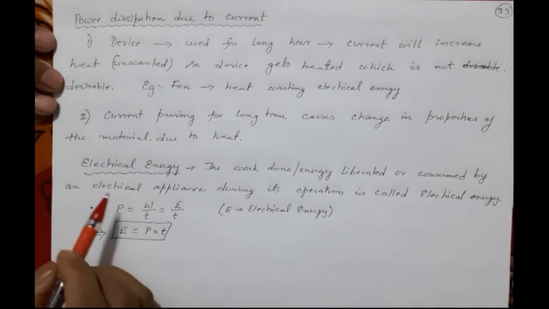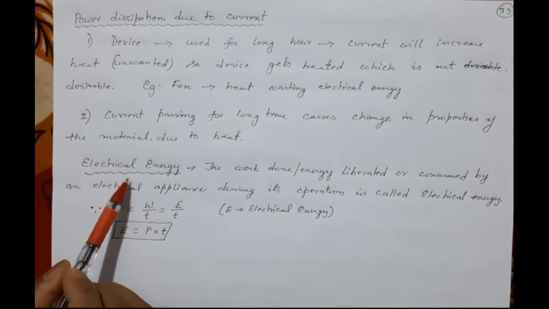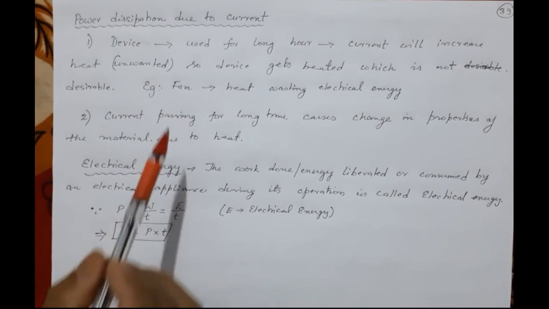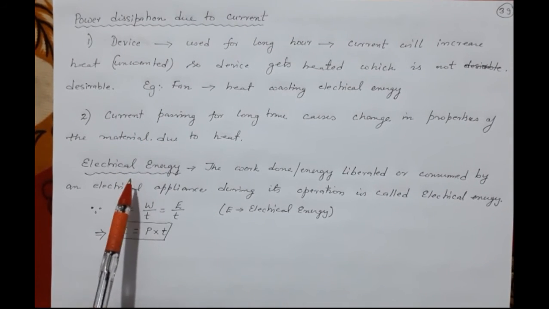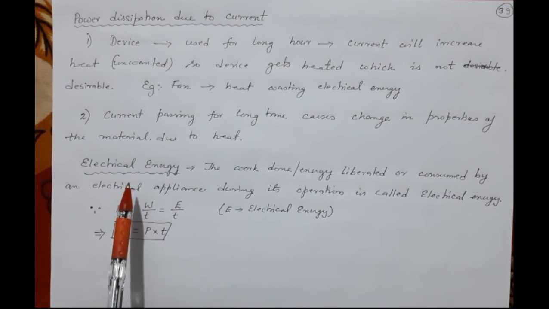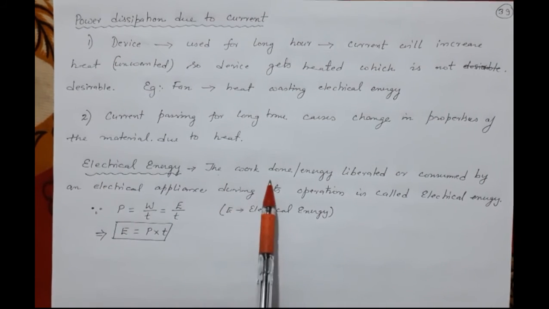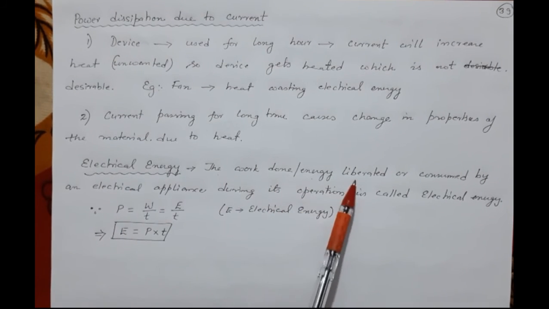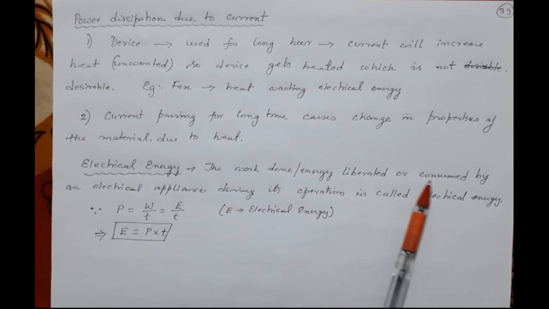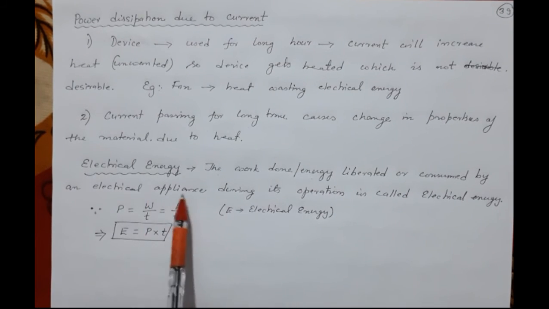Now we try to understand what is electrical energy. Power is okay, but why is energy needed? Because of the electrical energy that you use, you have to pay the bill. All this is because of the energy, how much you spend, not the power. The work done or energy used up or consumed by electrical appliances during their operation is called electrical energy.